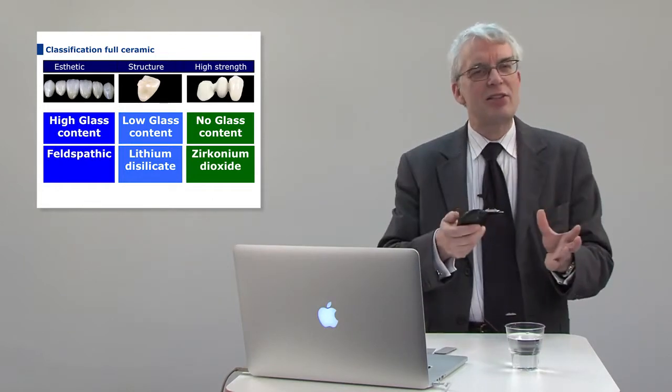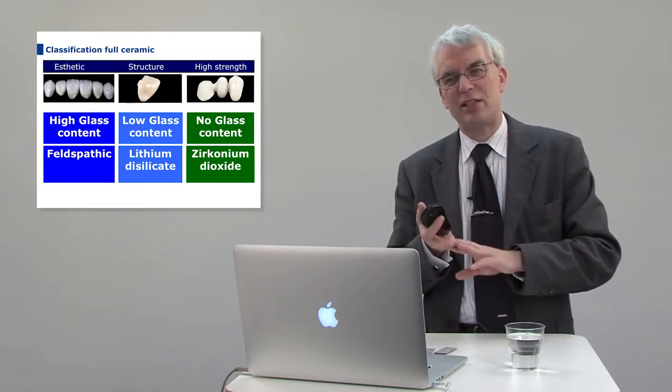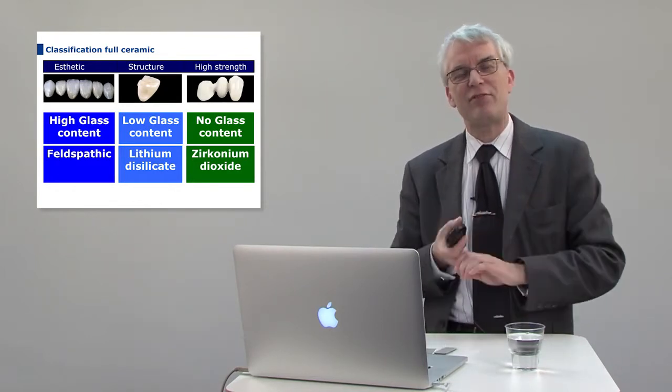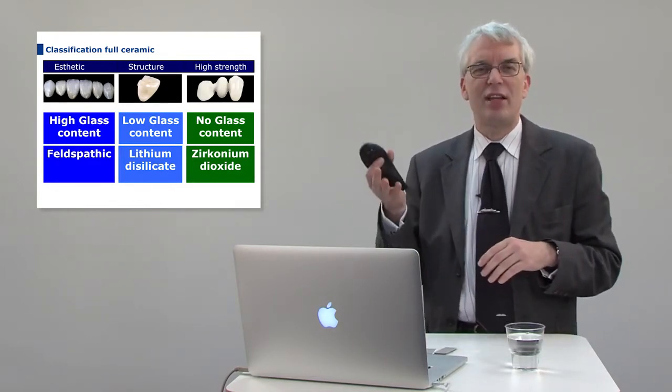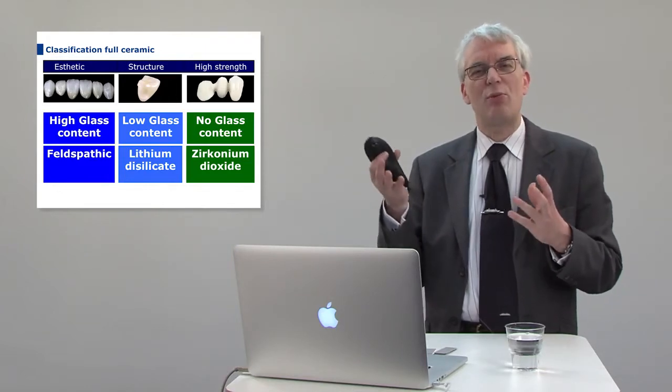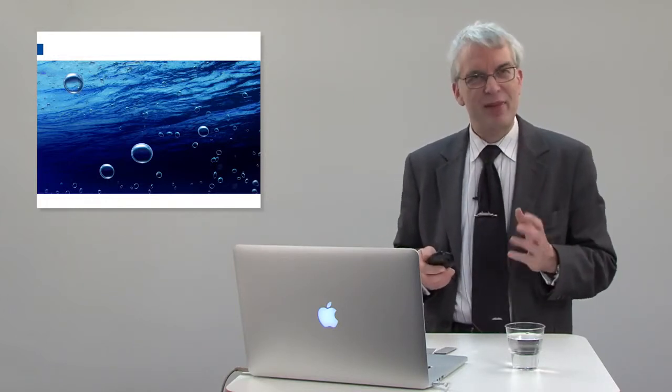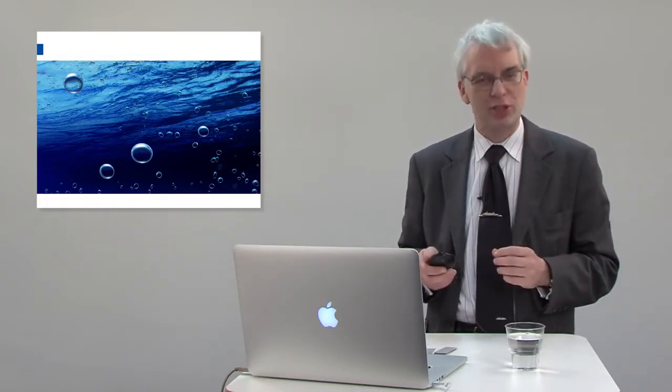So high glass needs bonding and needs a resin cement. Structural can be done with a self-adhesive cement, and a high strength can use and should be used with self-adhesive cements or resin cements, but can be used even with a phosphate cement. And to do this, we need one more component in a self-adhesive cement, and that is water.